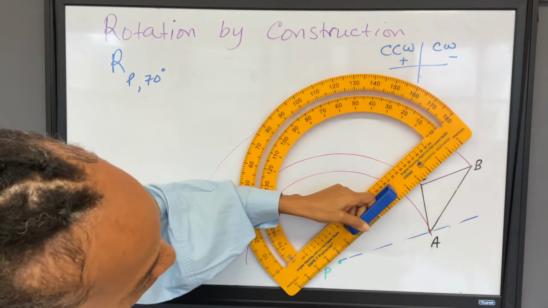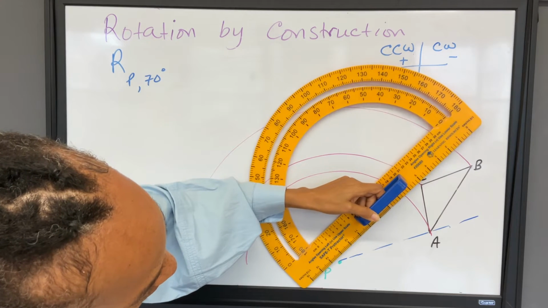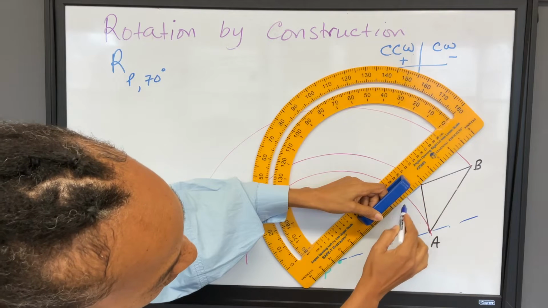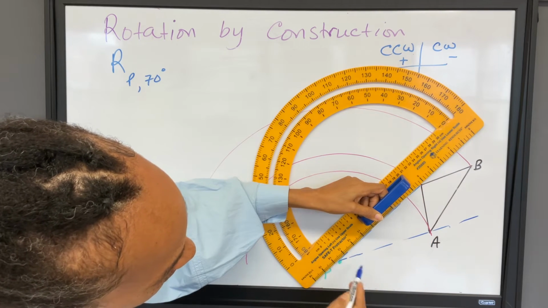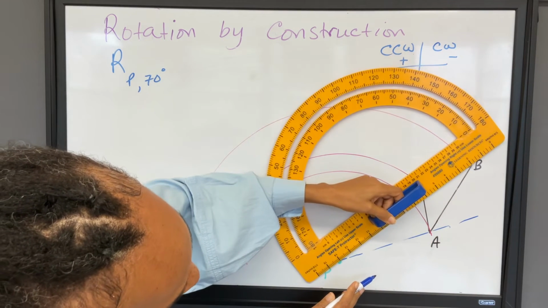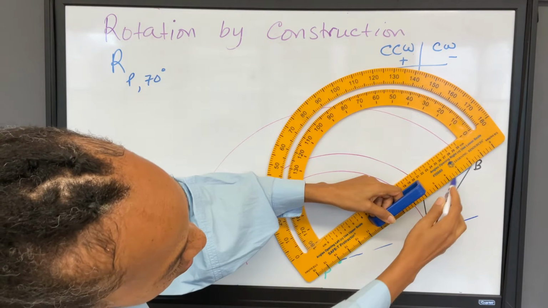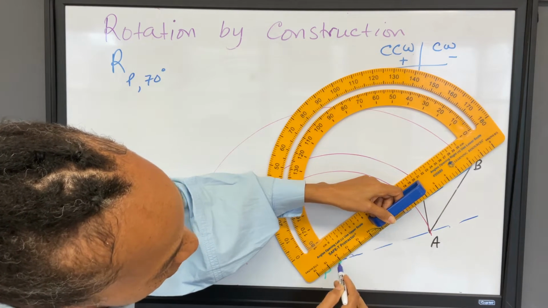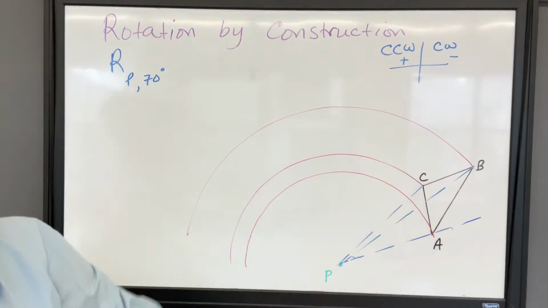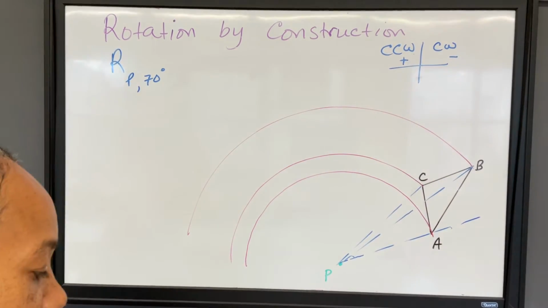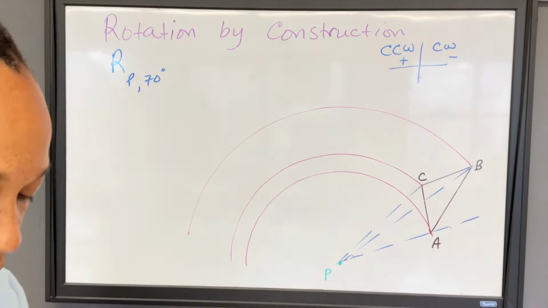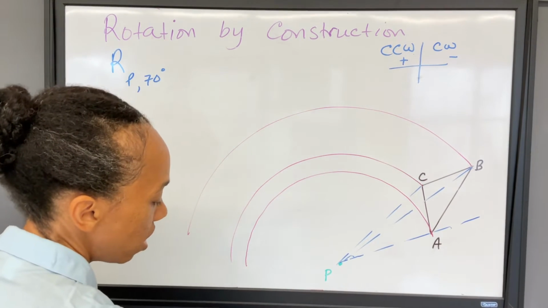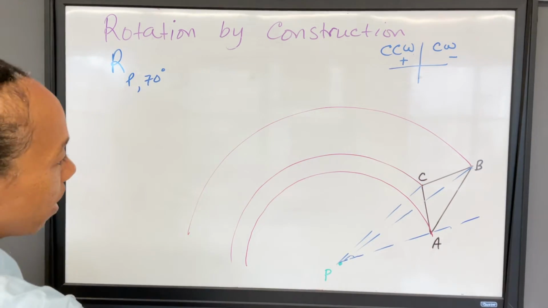I'm going to do it to each of the vertices. When you're doing this, as I said, you can use the dash line. You don't have to use a straight line, just so you can see which one you're going to use.